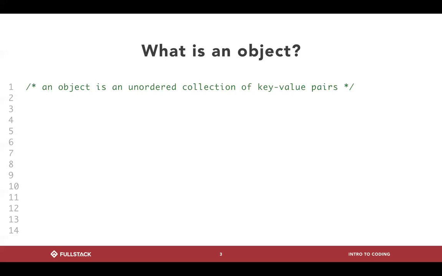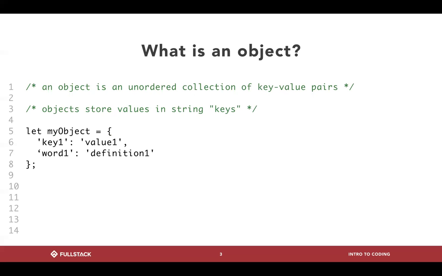That means that for every value that's stored in the object, you have a key, a string that enables us to look up the value. It's kind of like a dictionary. These objects store these values in these things called keys. They're unique strings, and they are associated with a value.